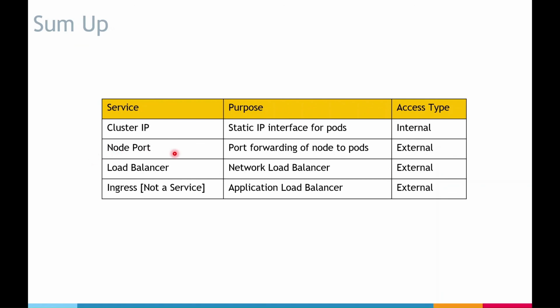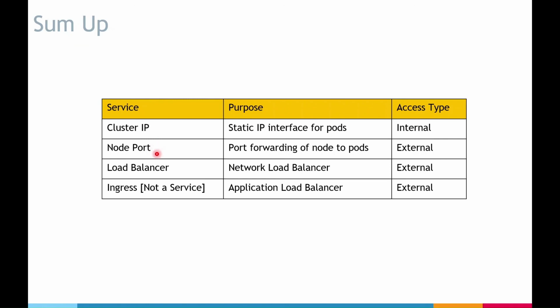Now, the problem with node port was that you are directly exposing the port on a node, and you don't want your clients to specifically specify a port. If it is a REST API, all they have to give is maybe an IP address, or if not that, then a fully qualified domain name, and then they should have a page or any API response ready.